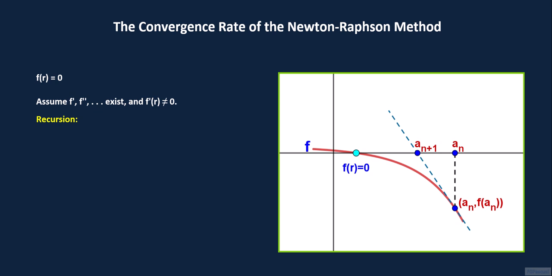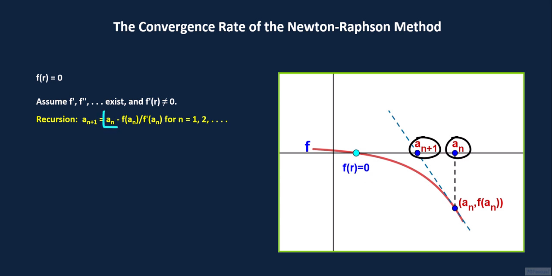To begin the derivation, we start with the recursion formula of the Newton-Raphson method. If a sub n is the starting estimate for x equals r, and a sub n plus 1 is the next estimate, then a sub n plus 1 equals a sub n minus f of a sub n divided by f prime of a sub n for all values of n.